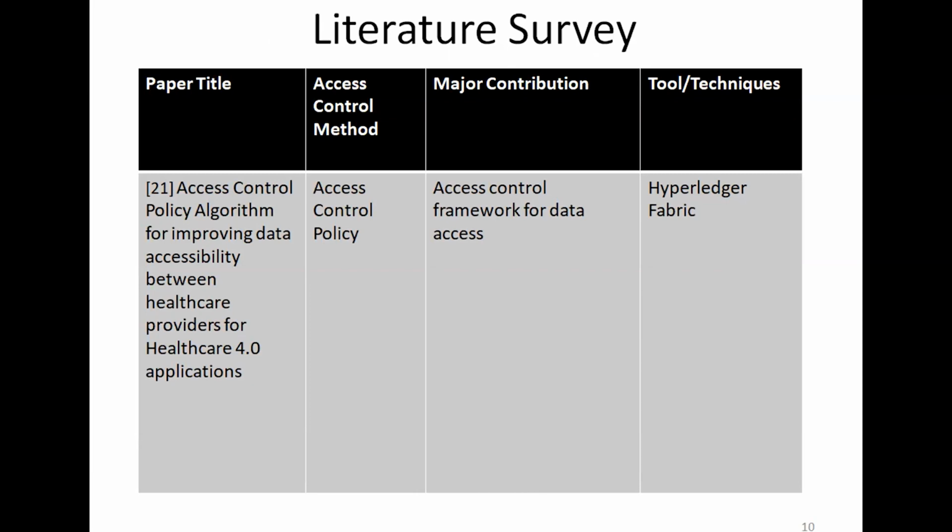Basically, Hyperledger Fabric is a particular platform for blockchain technology. All the smart contracts and chain codes are developed using the Hyperledger and Ethereum network.